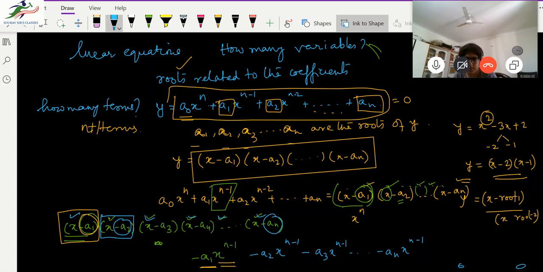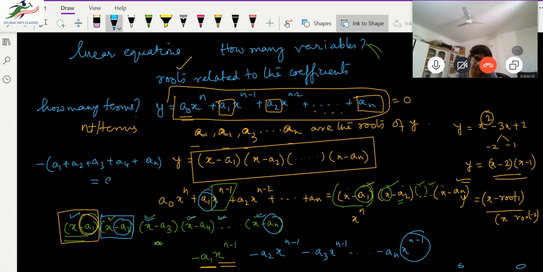Now this means that minus of a1 plus a2 plus a3 plus a4 all the way up to an is the coefficient of x to the power n, sorry, x to the power n minus 1, right? And on this side we have a1.